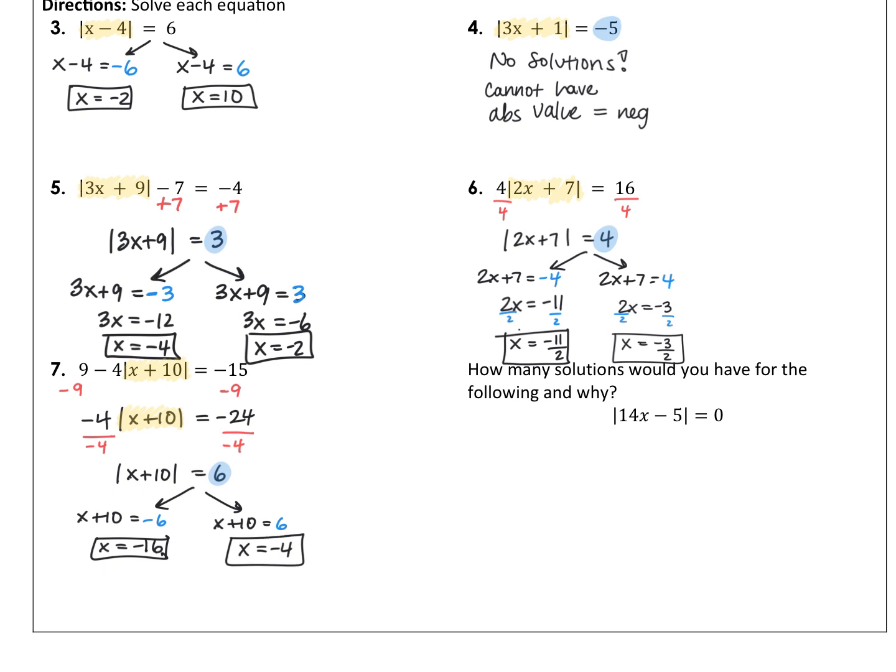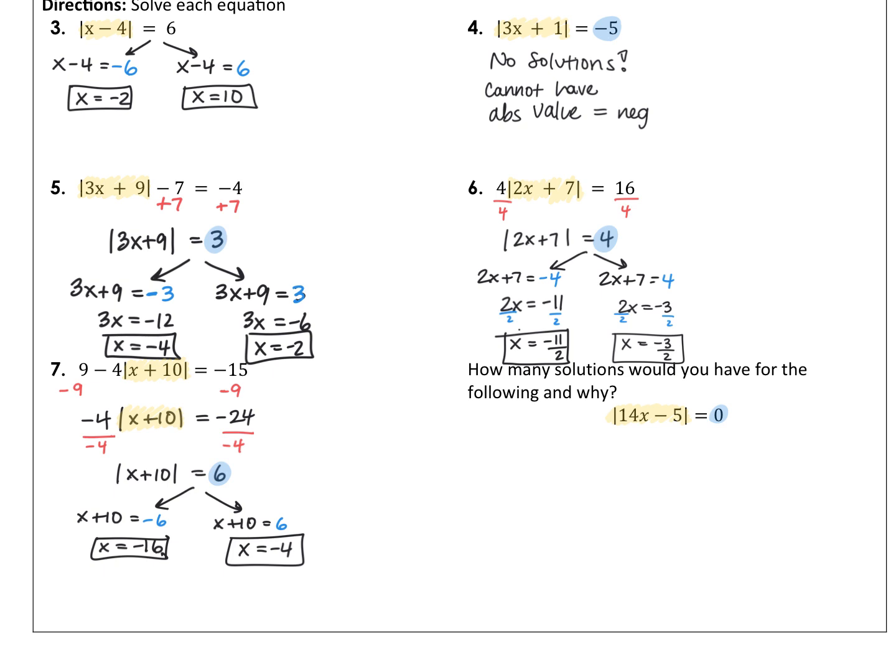Here, last problem, how many solutions would you have for the following and why? Is the absolute value isolated? Yes, so there's nothing to do here. I look at the number after the equal sign, it's a 0. Well, that's not positive or negative, it's 0. So we're asking, what numbers have a distance away from 0 of 0?